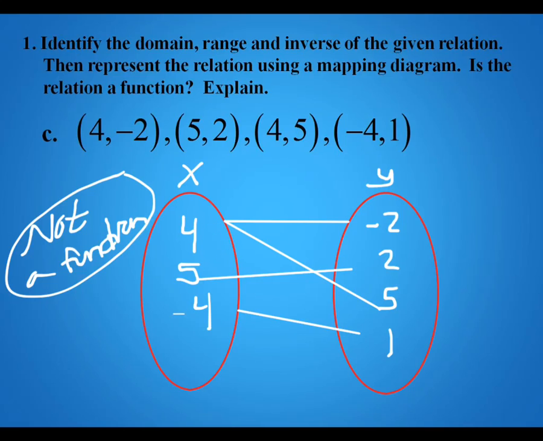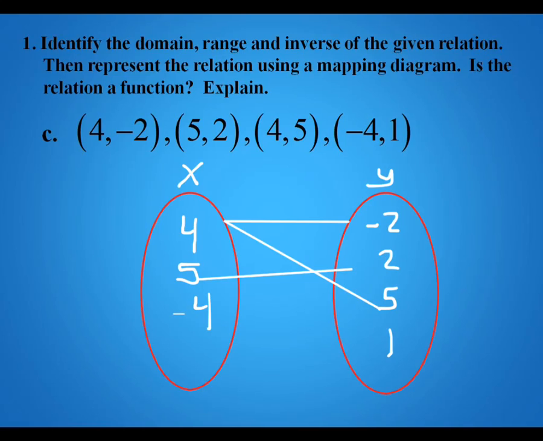The one we did before had this case. Let's say it had something like this, and it had like a number, this goes here, it had like 3, and 3 went to here. It went to the same y value.